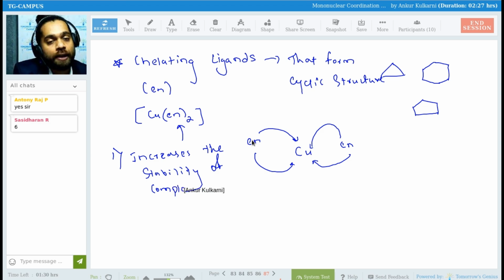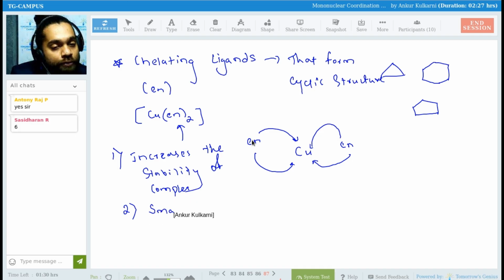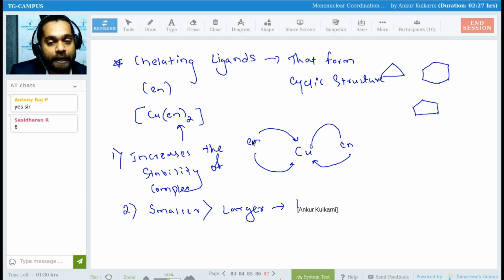And one more thing, if I have larger molecules in the cycle and a smaller molecule, obviously your smaller molecule will be more stable than the larger molecule chain in the ligand.